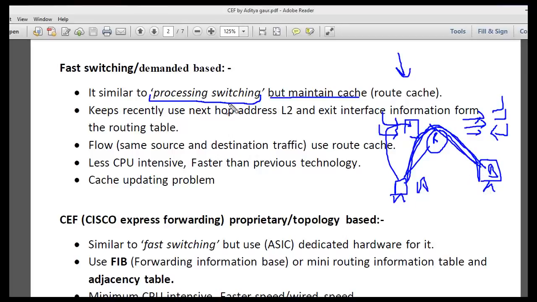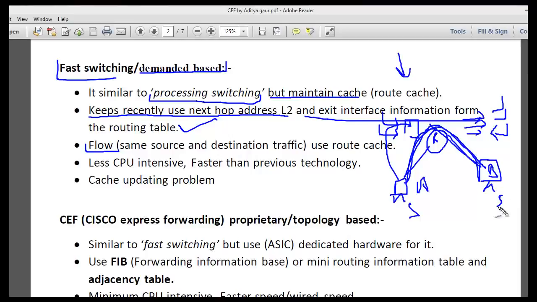This is what is known as fast switching or demand-based switching. It keeps the recently used next hop layer 2 address, exit interface and routing table information as well. A flow is nothing special, just traffic from the same source to the same destination.